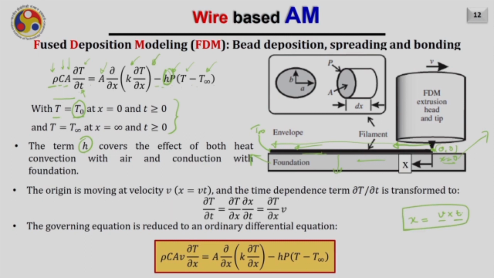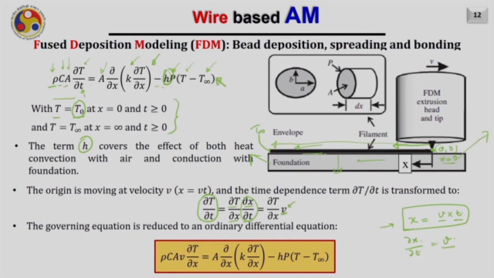And hence, if we consider the time dependent term, del T by del t can be written as del T by del x into del x by del t. We know that this del x by del t is nothing but the velocity v. From here itself we can see del x by del t will be equal to v, hence v is written here.